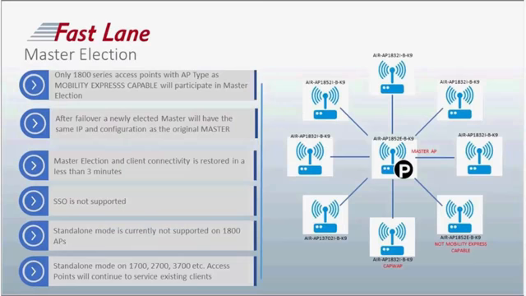It is only the 1800 with the Mobility Express software capable that will participate in the master election to become the wireless LAN controller. When the master goes down, one of the other 1800 APs will automatically take over the role. It's a virtual wireless LAN controller.